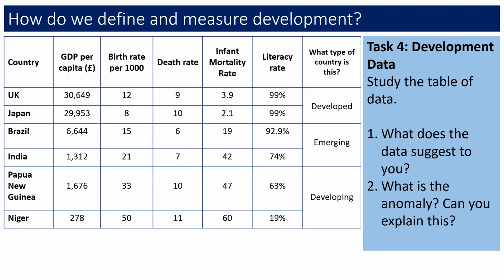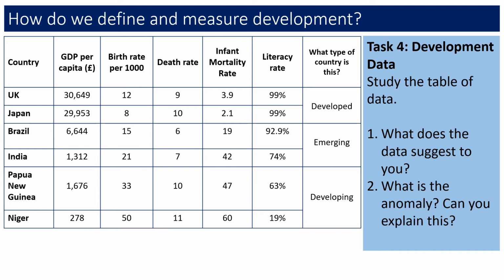if it's divided out equally by the population. Also, the birth rate varies dramatically between the developing world, where you have Papua New Guinea and Niger, which have very high birth rates, as opposed to Japan and the UK, which have very low birth rates, only 8 and 12 babies being born for every 1,000 people.